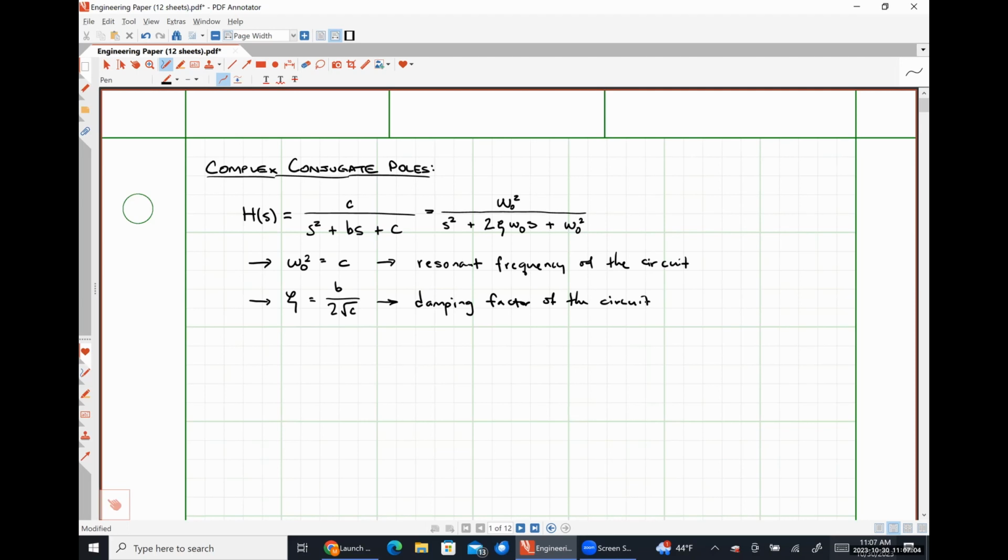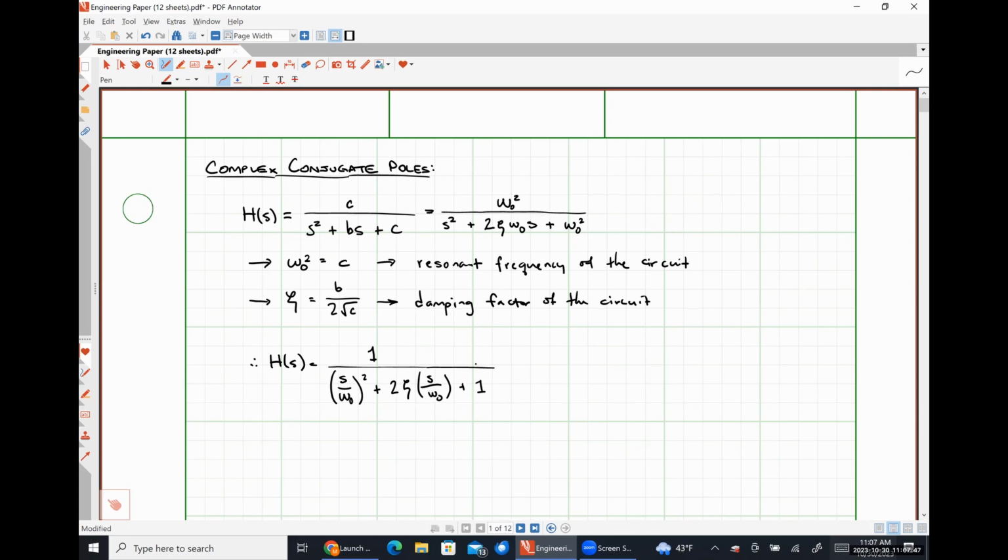So that means that the standard form of our transfer function will now be 1 divided by s squared over omega naught squared. I'm going to choose to write that as s over omega naught quantity squared, plus twice zeta times s over omega naught, plus 1, like so.